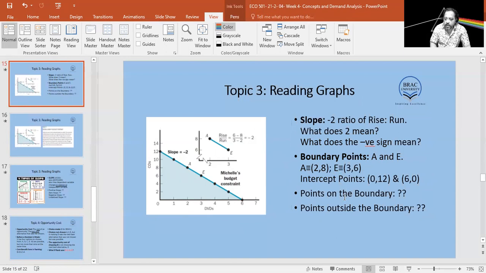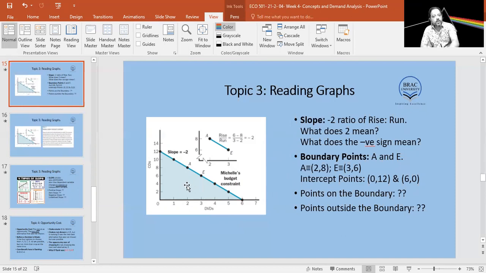Now the boundary points A and E, as we move from A to E, points on the boundary. Now, A and D being a boundary point means that this is the best outcome. If we choose a point within the boundary, that means we are not doing the best we can given the situation we are in.